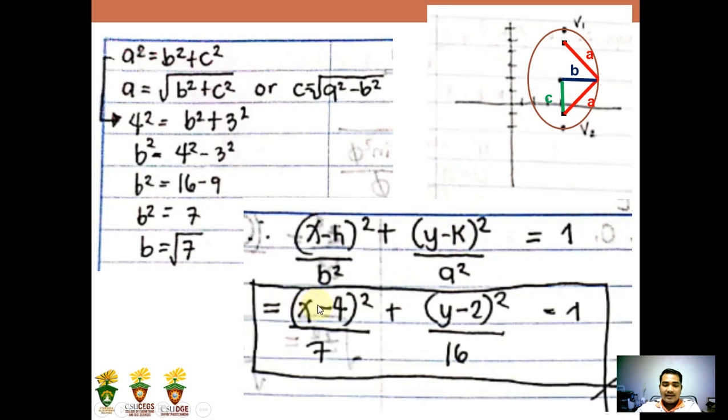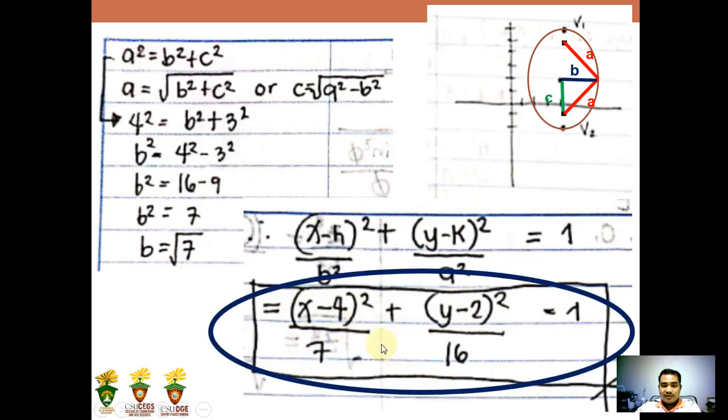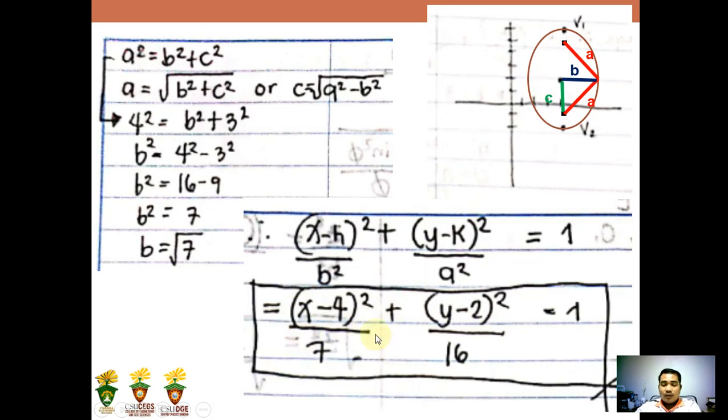We have x minus 4 and y minus 2. Why is it negative, sir? Let us equate it to 0: x minus 4 equals 0, so x equals 4, which is our h earlier. And for y, same thing, so it is 2.